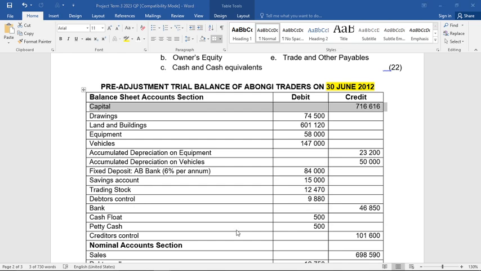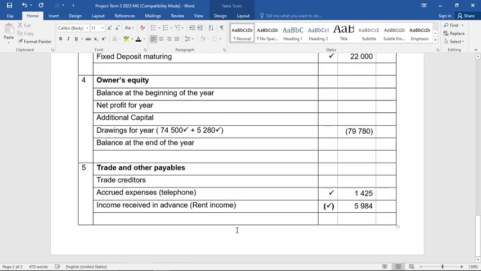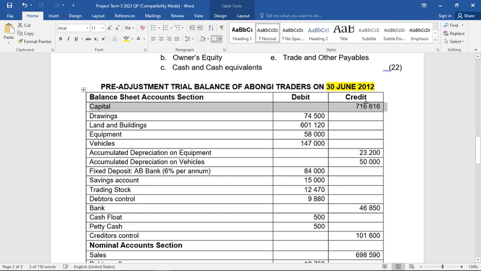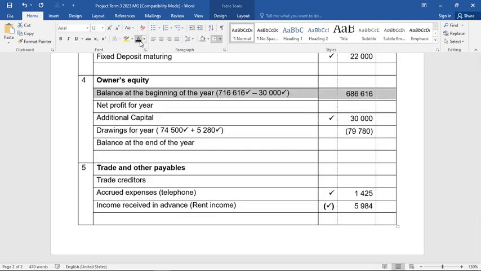So if we are going to go to the owner's equity note, the additional capital obviously would be the 30,000. But now how do we get the opening balance for the year? Well, if our capital is 716,616 and it's already gone up by 30,000, we would have to minus 30,000 to find out what our capital was at the start of the year. Happy? So we're working back.